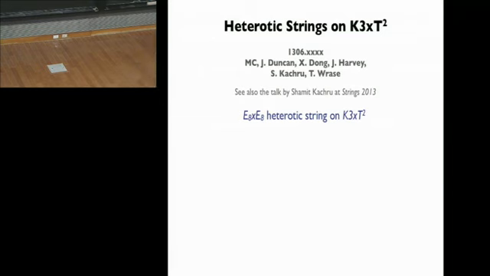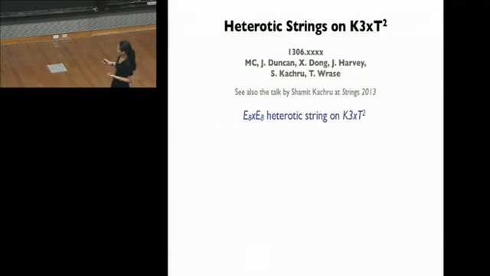So let's now consider a more general setup, which is heterotic strings on K3 times T2, because it's still under control, since we still have 8 supercharges, and we have a lot of room to play with because we have the gauge bundles from the heterotic strings and so on. So let's study if we can find M24 there.